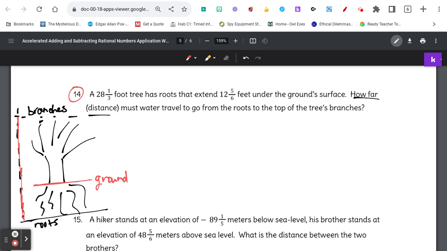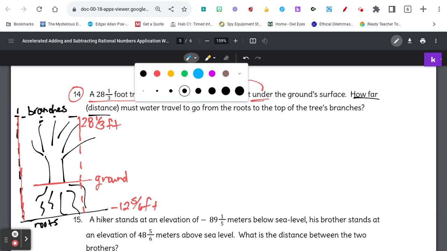Because it says under, we expect this distance to be negative 12 and 5/6 feet. And then this tree is this tall, so from here to here, it is 28 and a third feet.